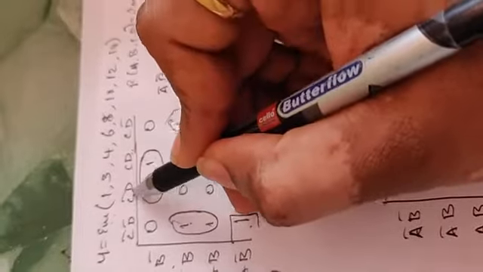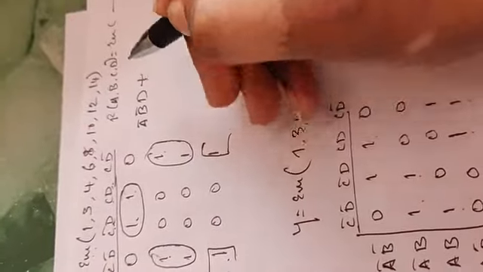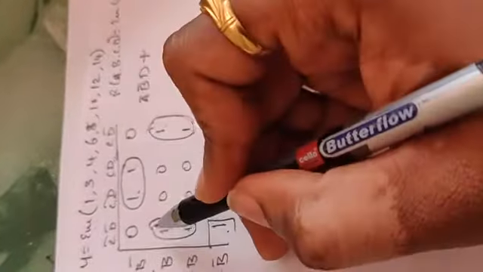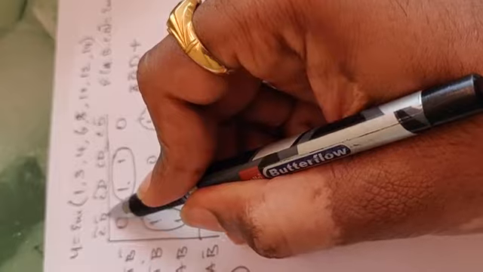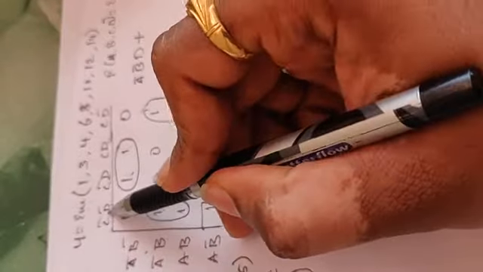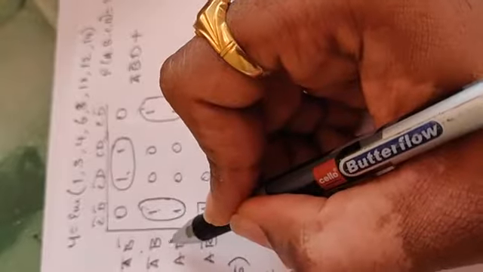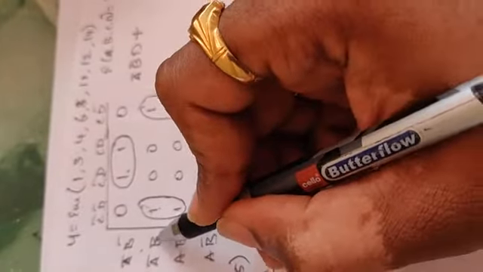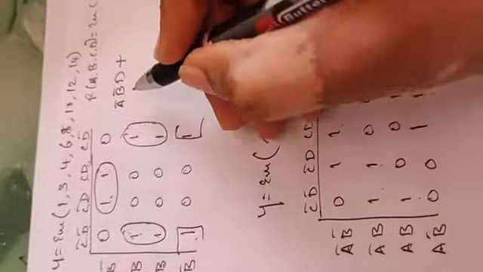D is common, C bar and C get cancelled. You write D plus. Now concentrate on this. C bar, D bar should have nothing to do with this one. You concentrate on here. A bar, B, A, B. What is common? A bar, A cancels. B remains. B, C bar, D bar.